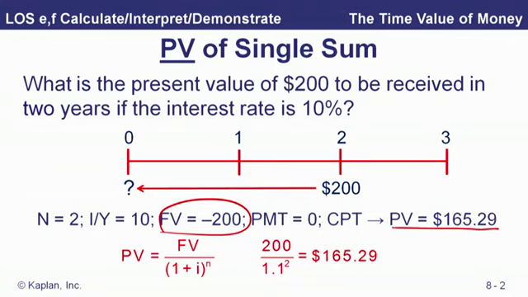So instead of moving forward in time in terms of value, we're moving backwards in time to the present. So since it's 2 periods, we divide by 1 plus the interest rate squared and find out that if we put $165.29 in the bank today at 10% compounded annually, at the end of 2 years, the value would be 200.